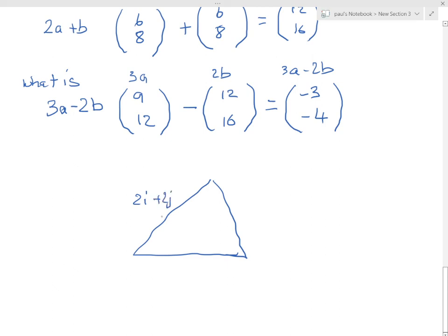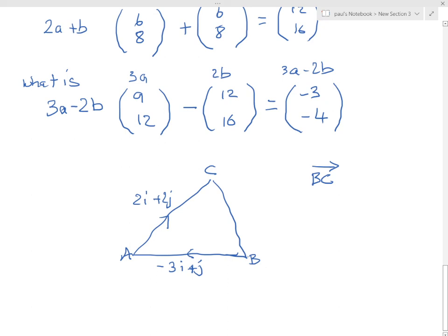That's the vector going uphill, and we're going to have A, B, C. And this one goes to the left, and it's minus 3i plus j. So what do we need to find? Find the vector BC.